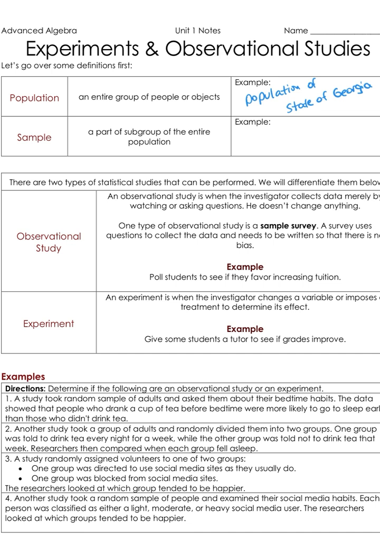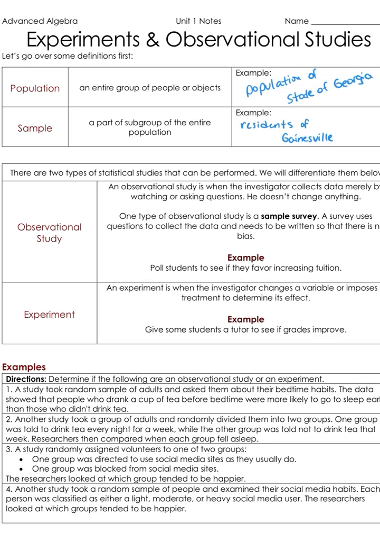So you might say residents of Gainesville. A population is a whole group. A sample is just a small subgroup.